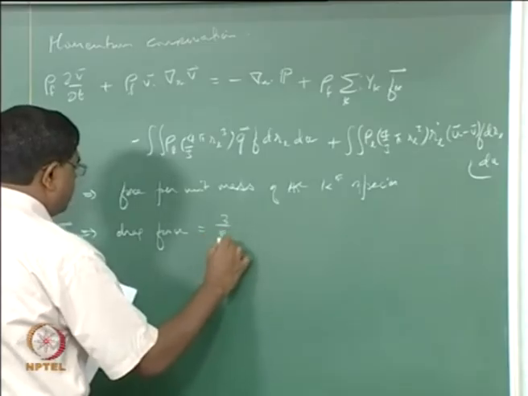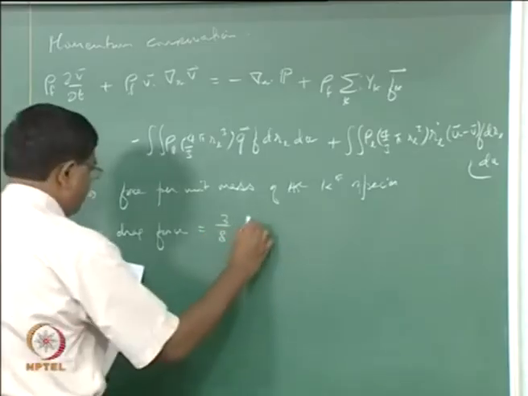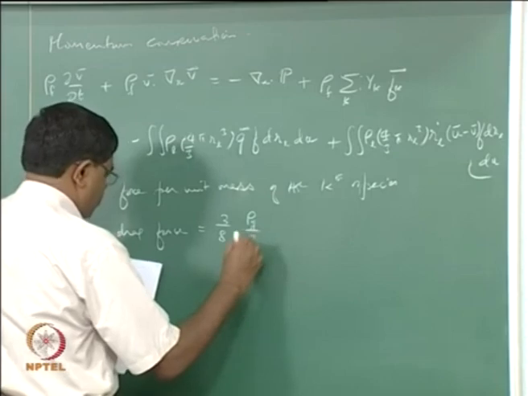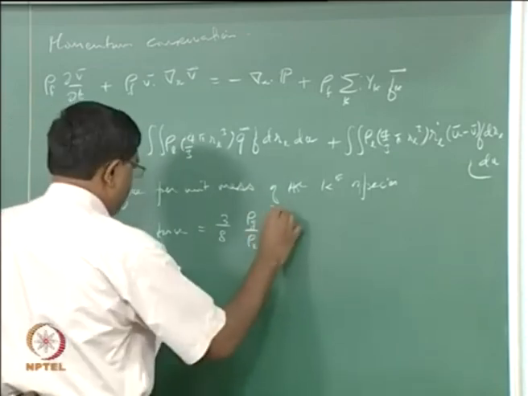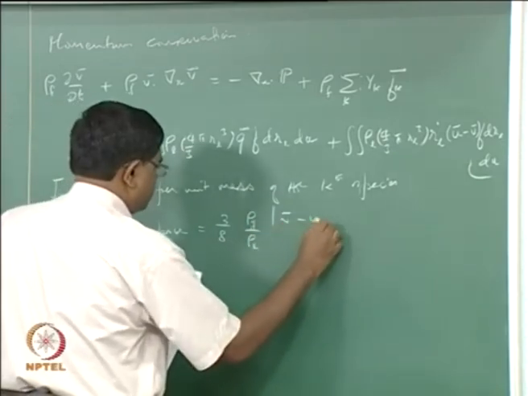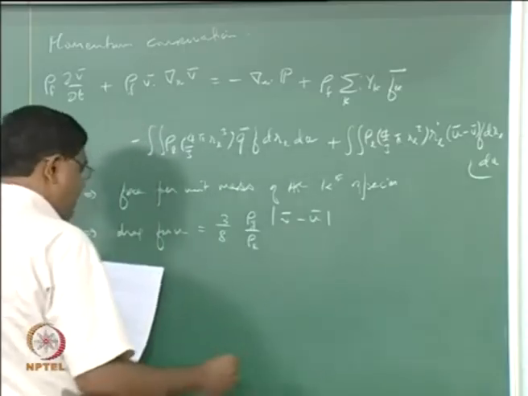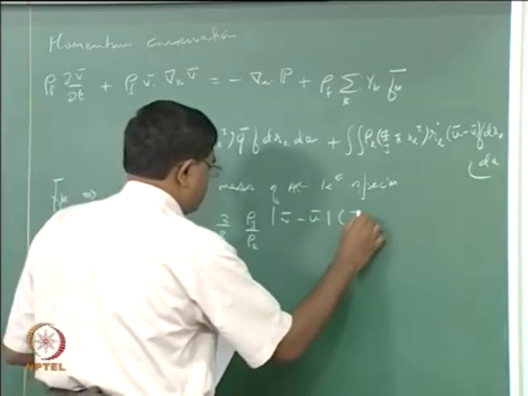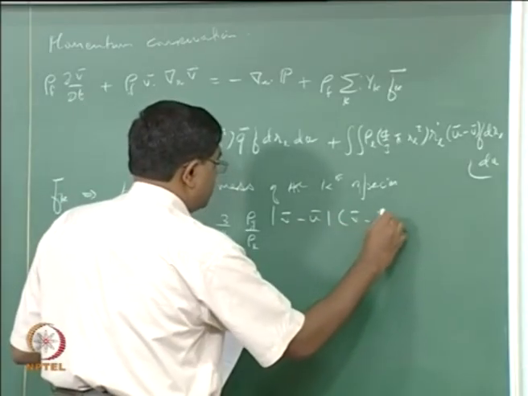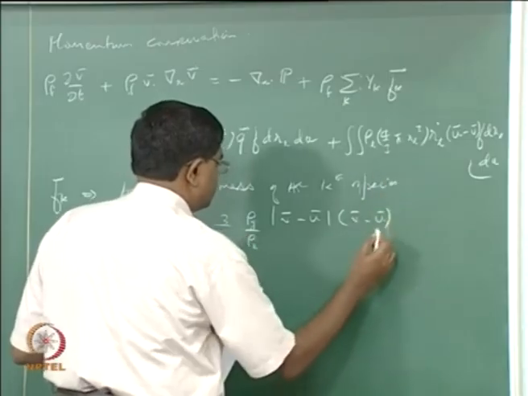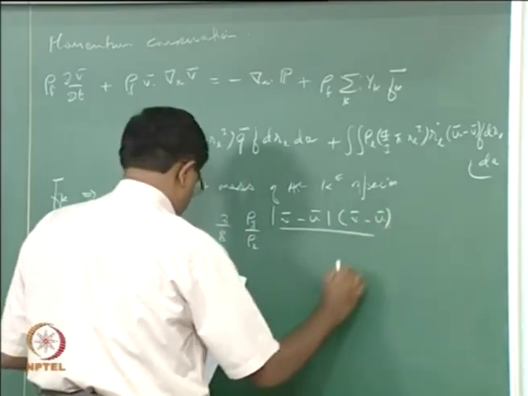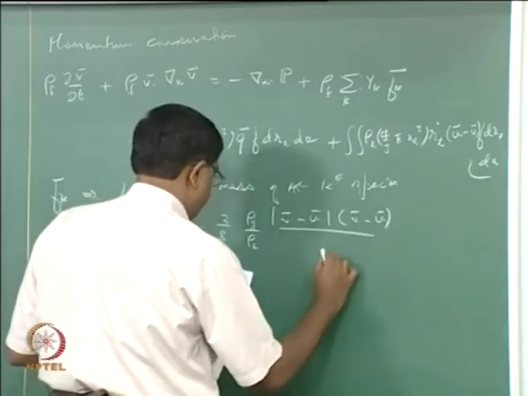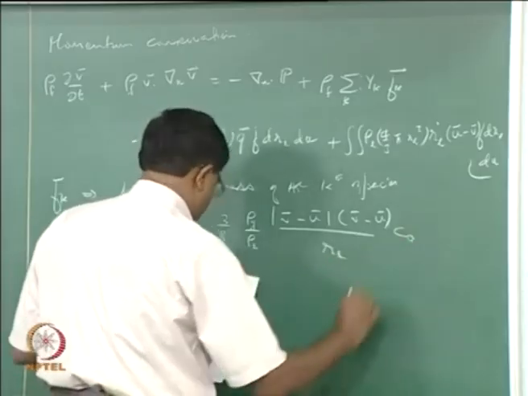That's equal to 3 over 8 rho g over rho L times the modulus of the relative velocity times the relative velocity to give you the direction, divided by RL, times CD.